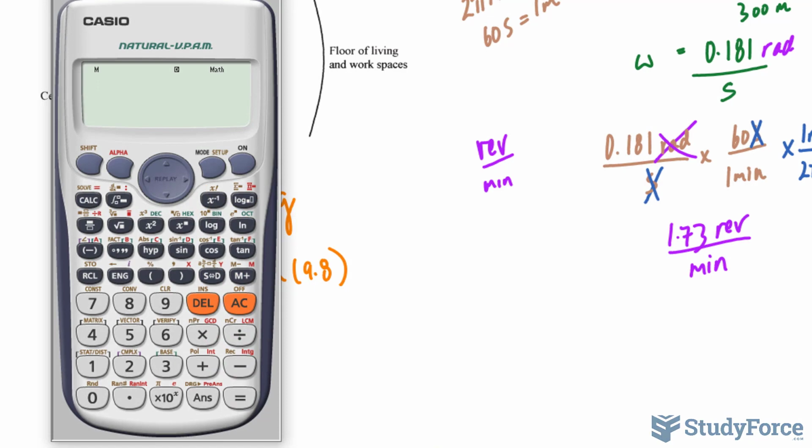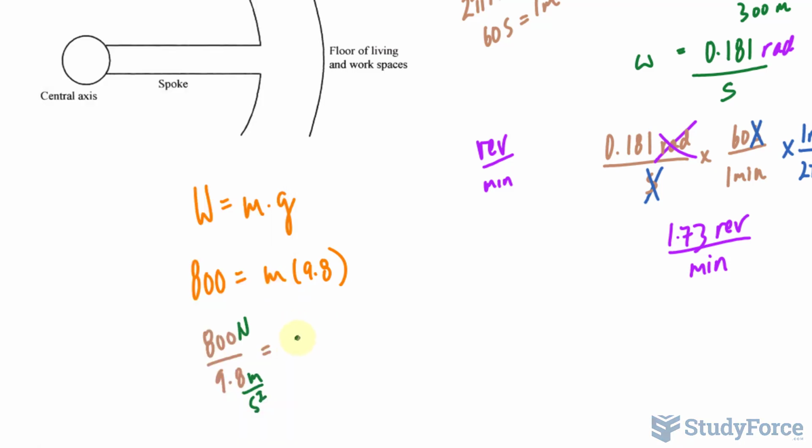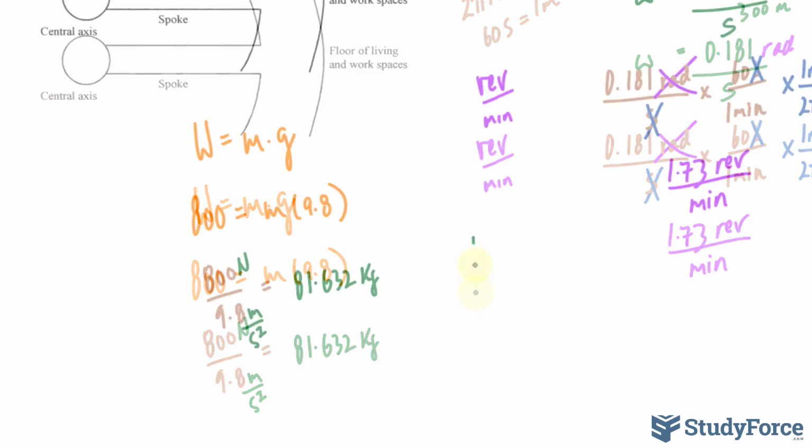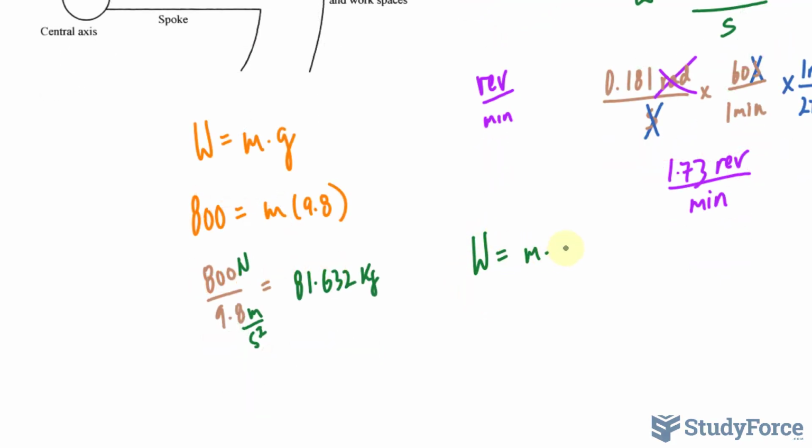So let's go ahead and do that. Just for simplicity's sake, write it down. 81.632 kilograms. Now, we want to find the weight in the space station. So again, weight is equal to mass times acceleration.